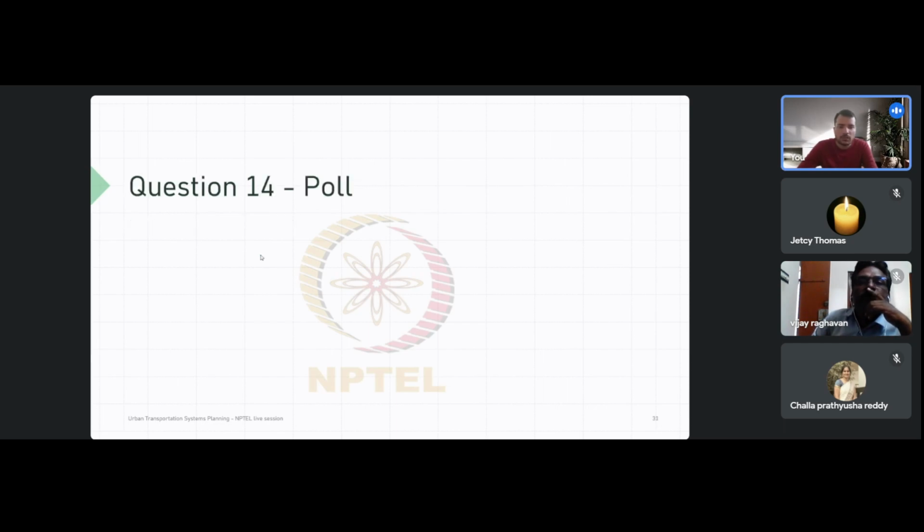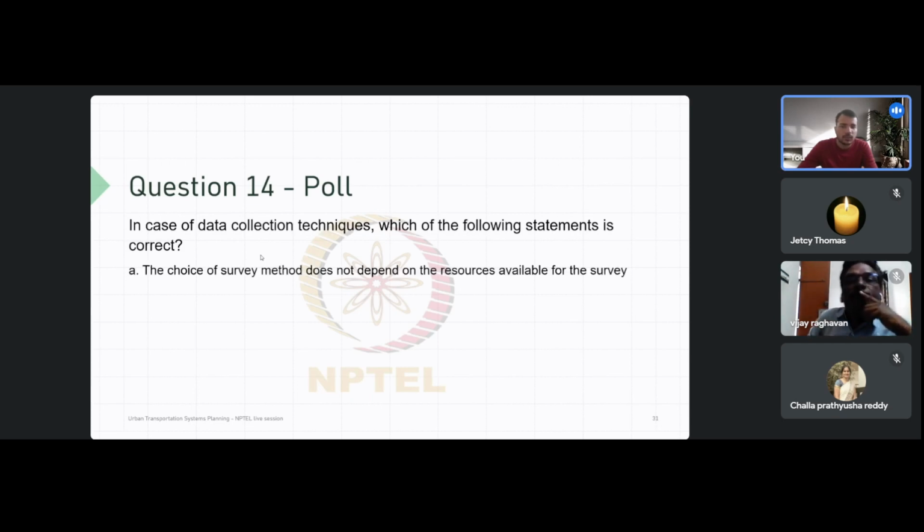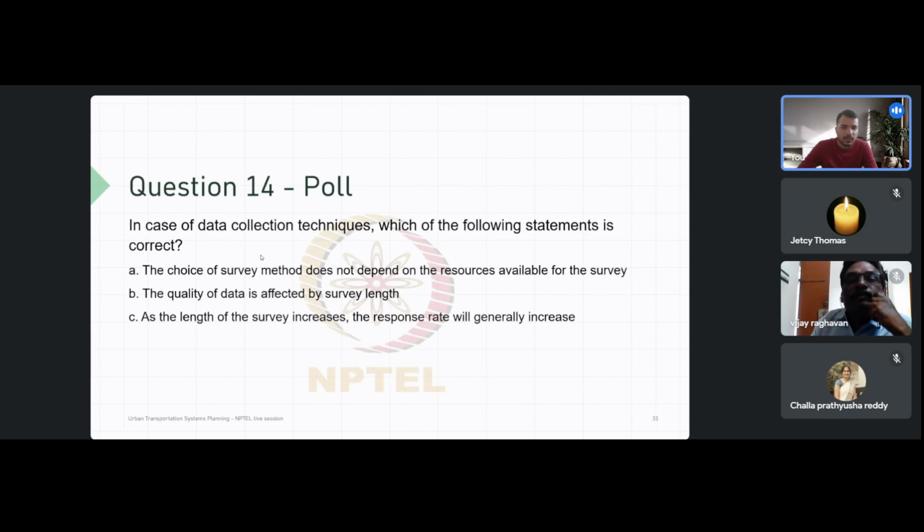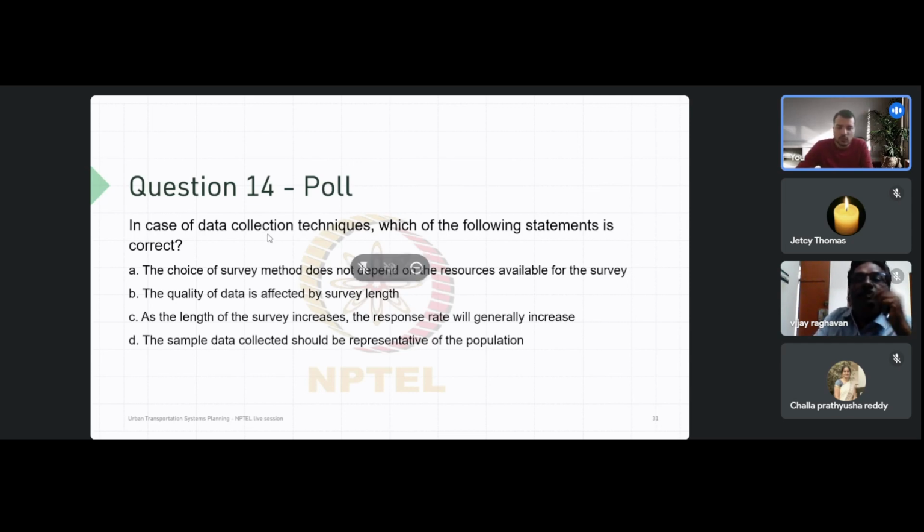Moving on to question 14. In case of data collection techniques, which of the following statements is correct? The choice of survey method does not depend on the resources available for the survey. The quality of data is affected by the survey length. As the length of the survey increases, the respondent rate will generally increase, and the sample data collected should be representative of the population. I'll just drop a poll.